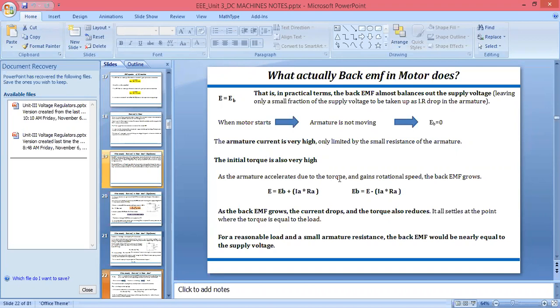At that time rotation speed will increase and back EMF will get introduced and go to a high value. So for these reasons, we require the back EMF to be nearly equal to the supply voltage which we are giving.